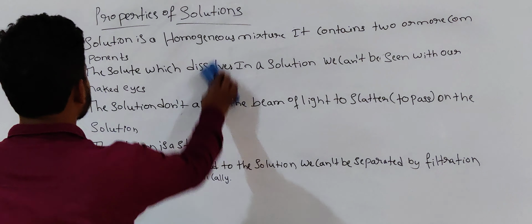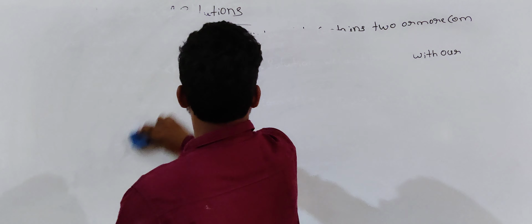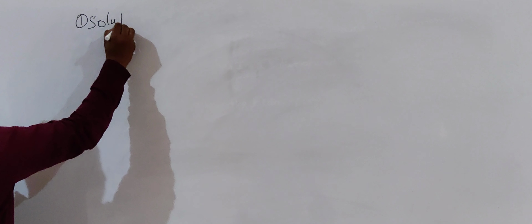And now we will learn what is meant by a solution. We have learned about the properties of the solution. What is meant by a solution? A solution is a homogeneous mixture of two or more components.